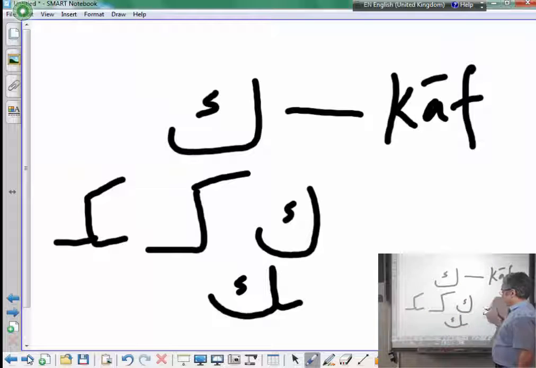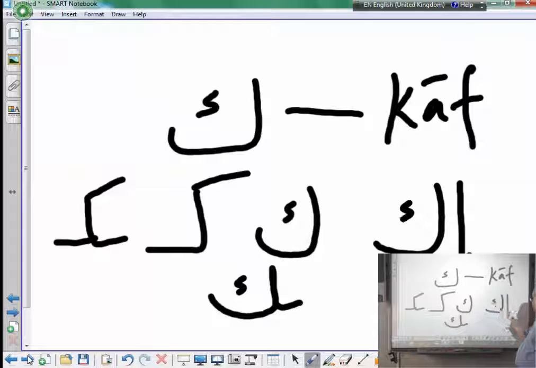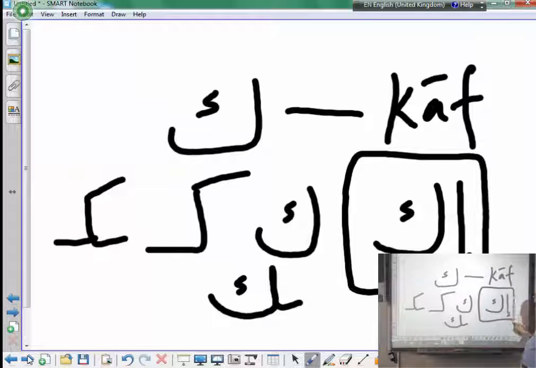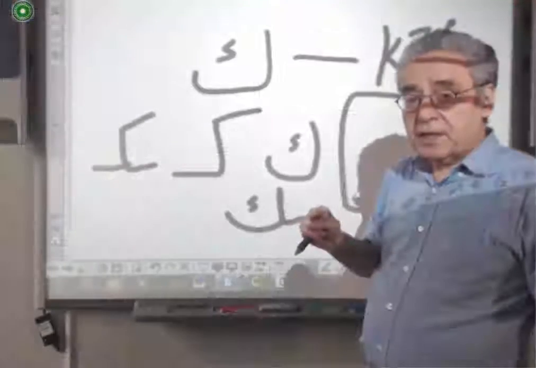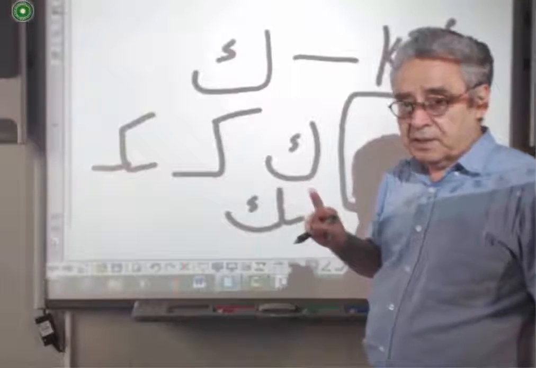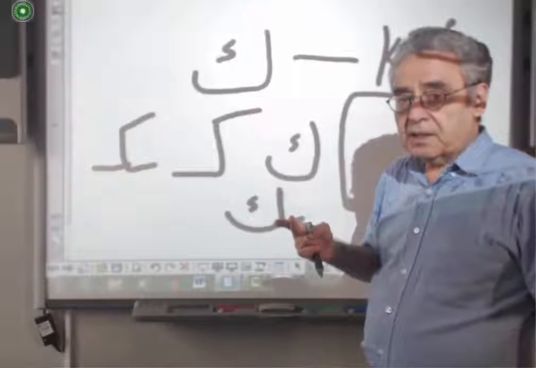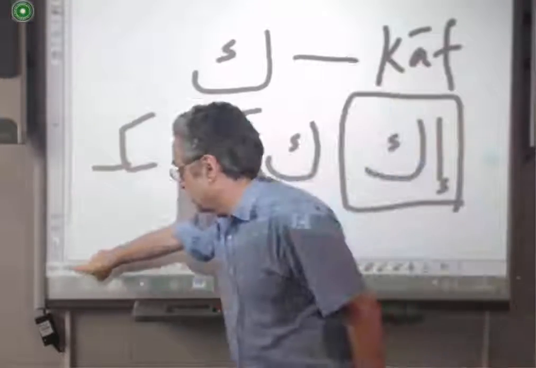If I use the ik here, that will enable me to pronounce it easily. I want to hear the pronunciation ik. In the meantime, I want you to pronounce both of them. Ik, ik.